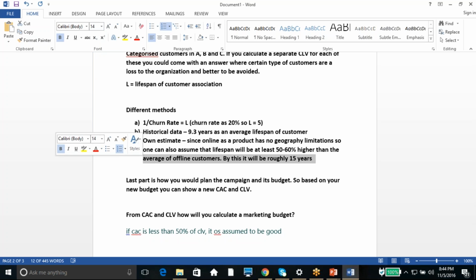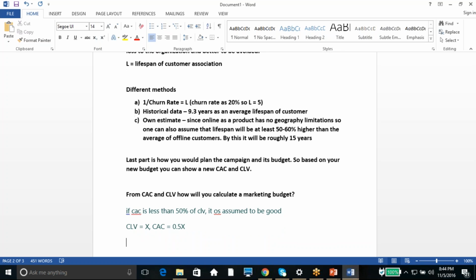Yes. So you could take this as your assumption, and therefore, if you are saying that CLV is equal to X, then CAC is equal to 0.5X.